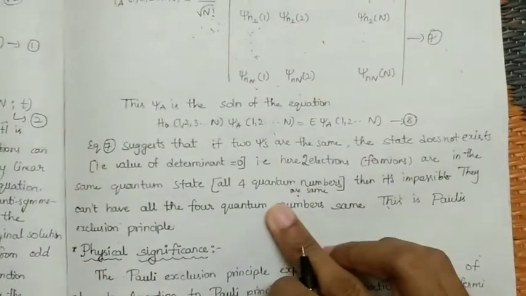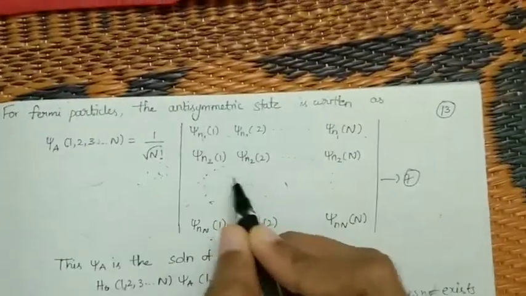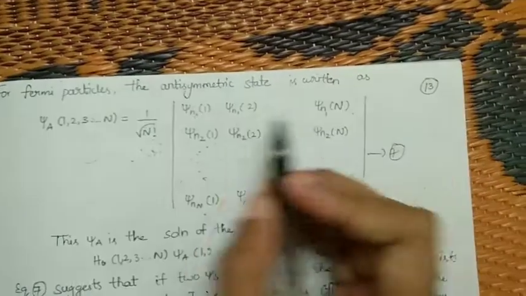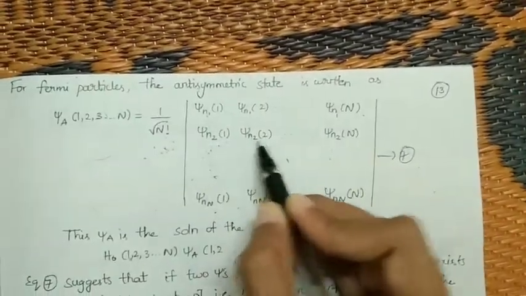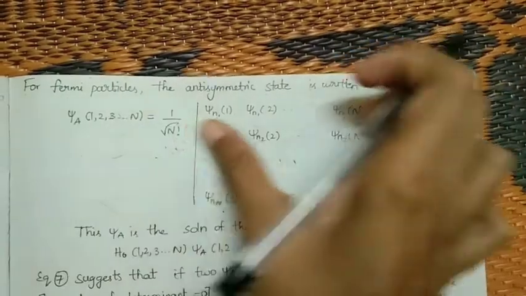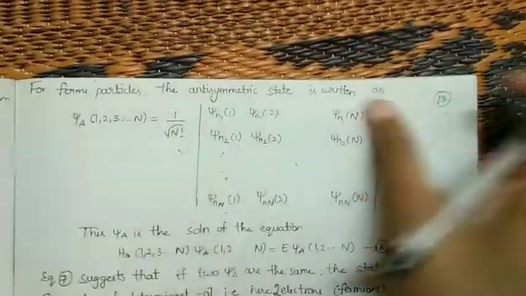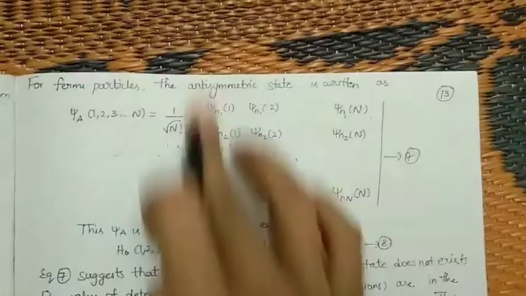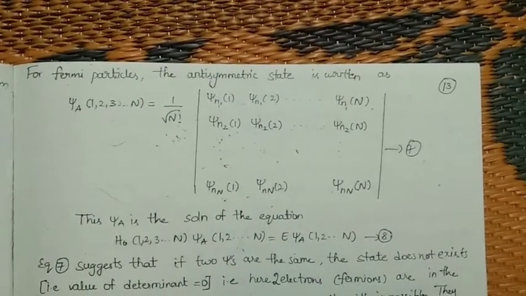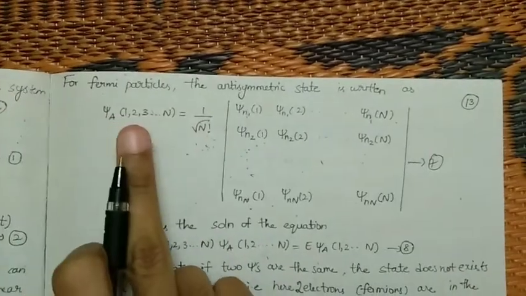Suppose in this case n1 is equal to n2. If we substitute in this determinant, all these n2's are replaced by n1, then this row would be identical with this row. If there are two identical rows, then the determinant would become 0. Hence the wave function would not exist.